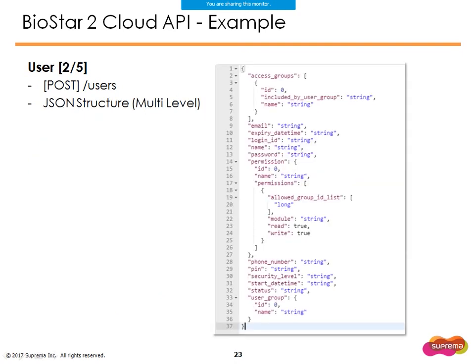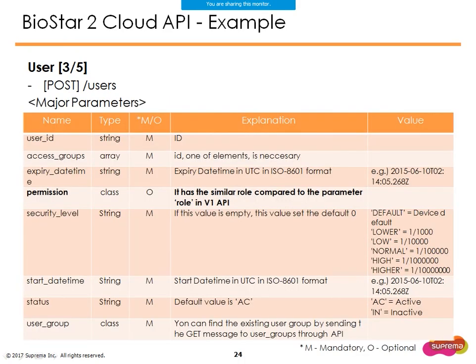Let's see the source code regarding users API. You can see the multi-level of JSON. For example, access groups, permissions, and user group. Most parameters displayed in this page are mandatory.